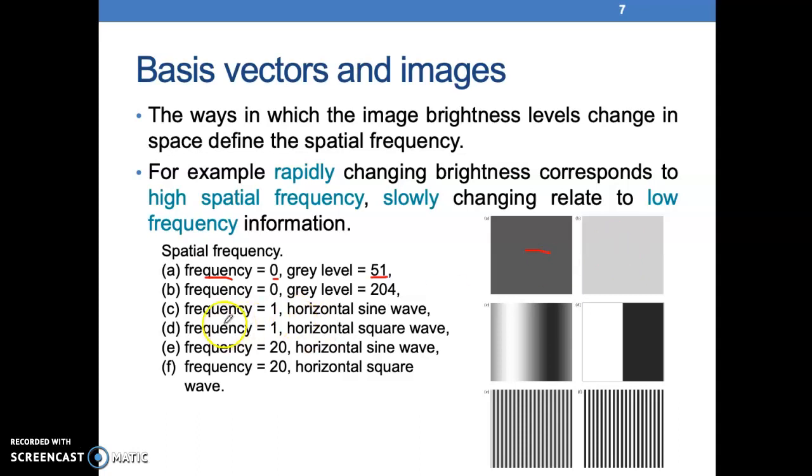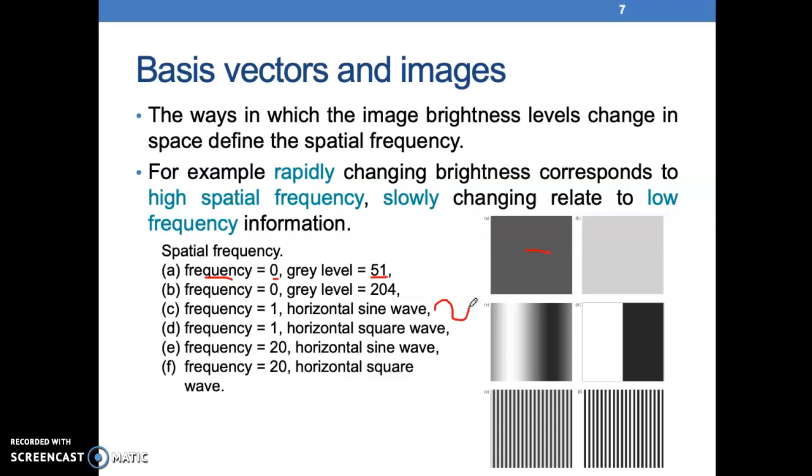If you have frequency 1, there will be only one change, from light to brighter. C is a sine wave, where you will have changes like this.